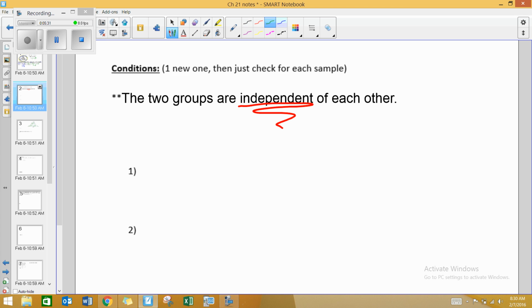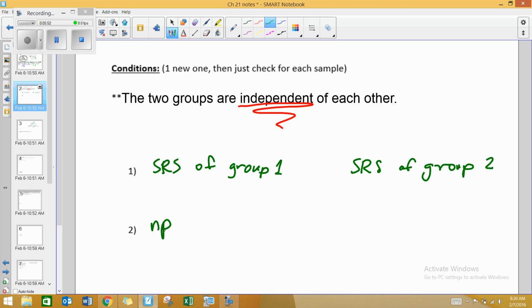So what we're looking at is SRS of group 1, and we need SRS of group 2. Okay, so we need to calculate, for this example we just saw above, I only had, let me start that over.